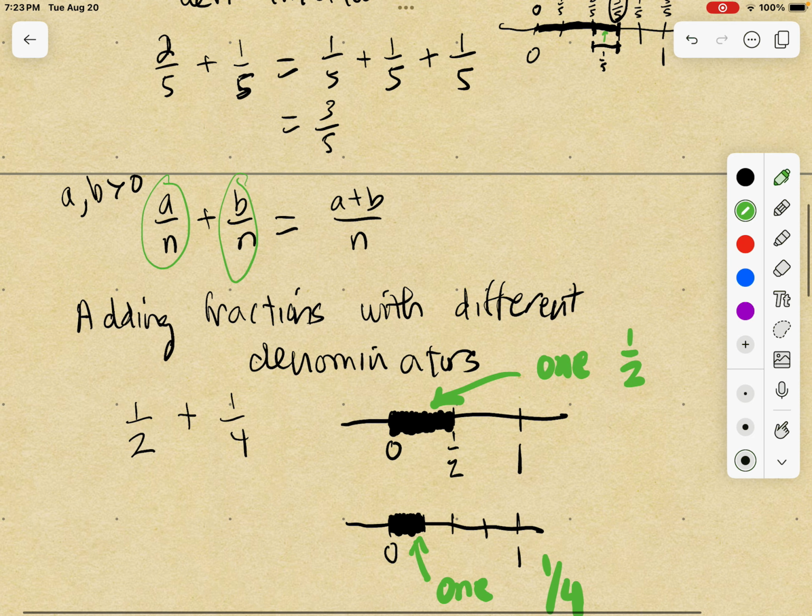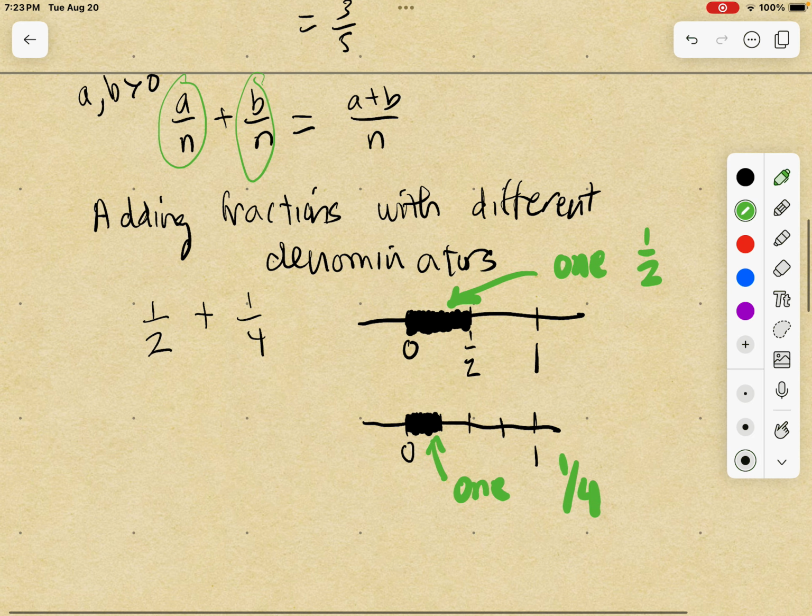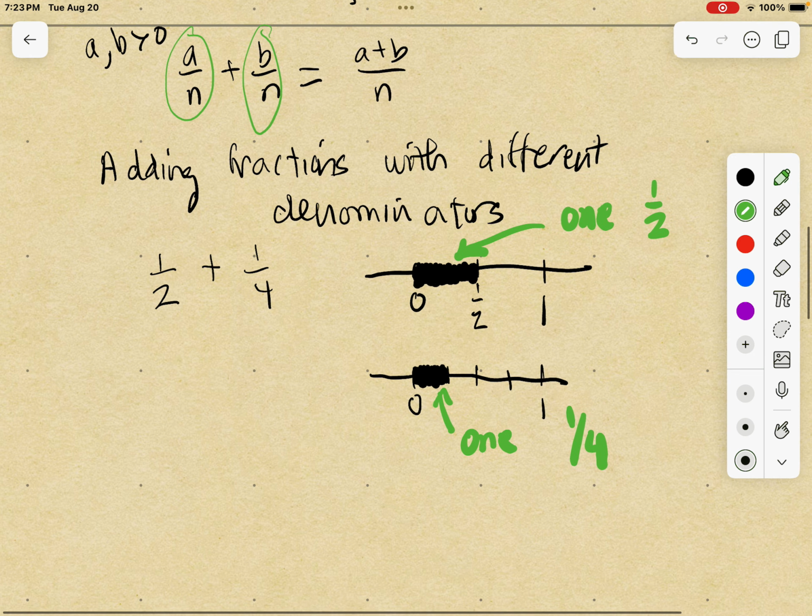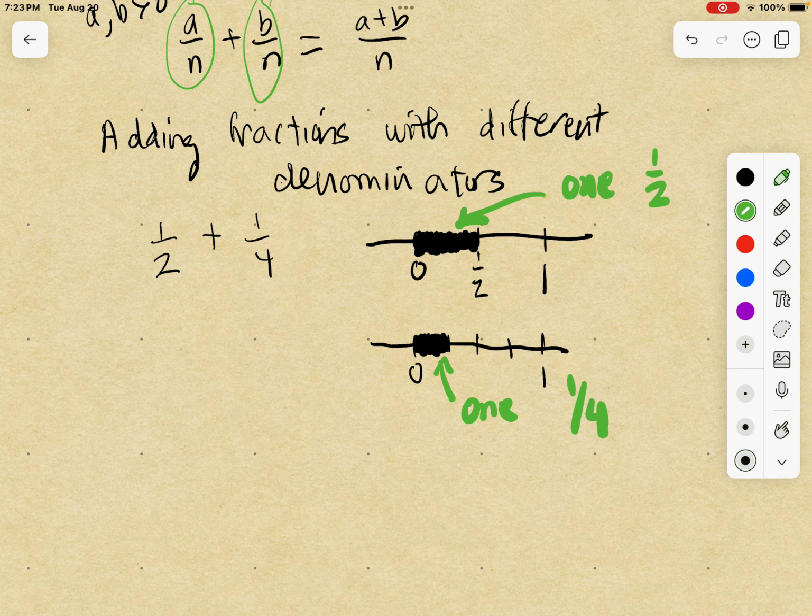I had fifths that I was adding, but here I have 1/2 and I have a fourth, and a half is not the same as a fourth. However, one of the things we learned is that you can represent 1/2 as a certain number of fourths, because 1/2 is the same as 2/4.